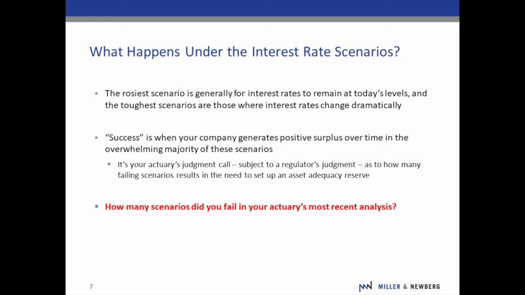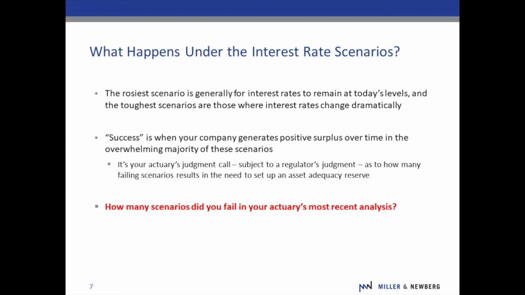And not just how many scenarios did you fail looking at the end of the projection, because oftentimes the actuary will put together a summary that says, at the end of the 30th year, here's how many scenarios the company failed. Well, quite often, if the actuary had instead said, let's take a look at this at the end of 1 year, or at the end of 5 years, or at the end of 10 years, the number of failing scenarios would have been a different number.